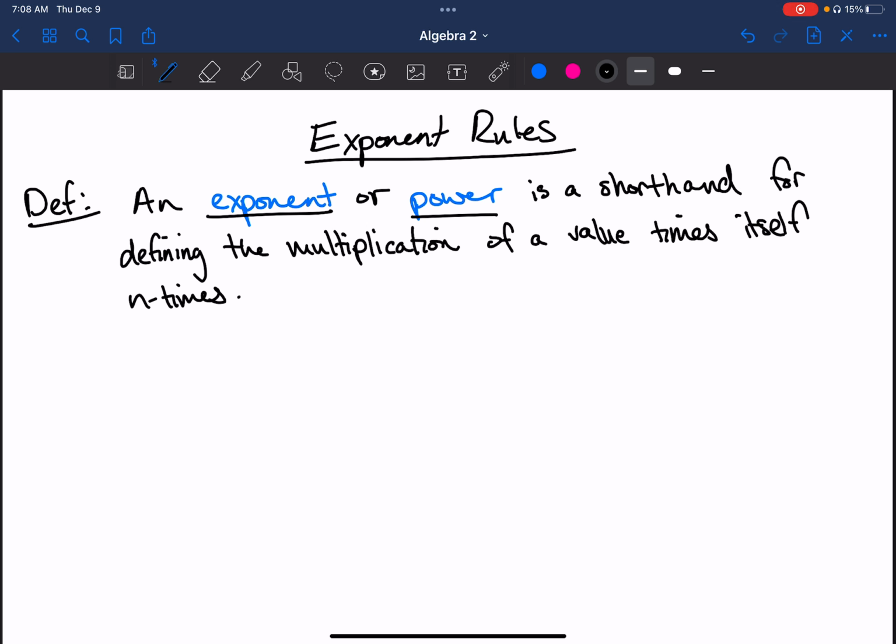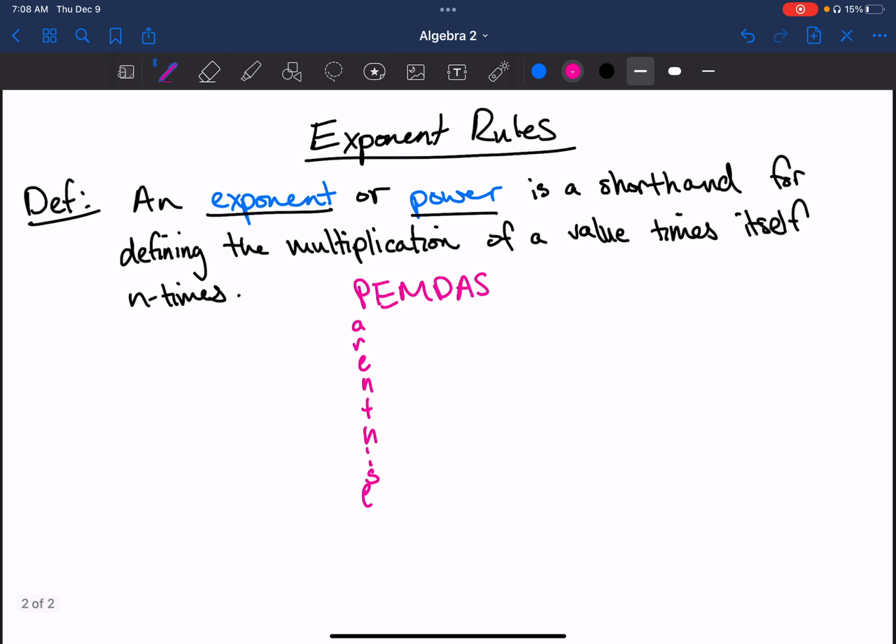You've been working with the ever so famous PEMDAS, where you've got parentheses. This is hard to spell down. Parentheses, exponents, multiplication.